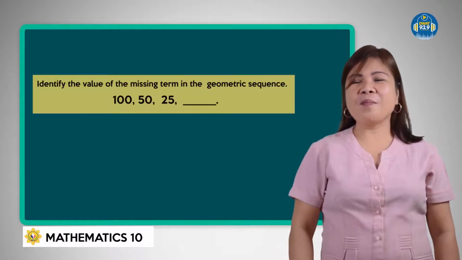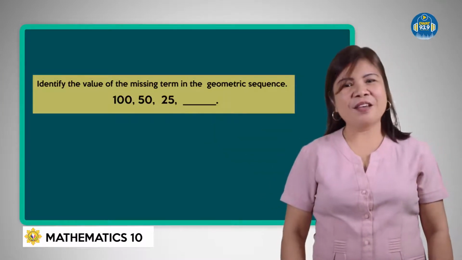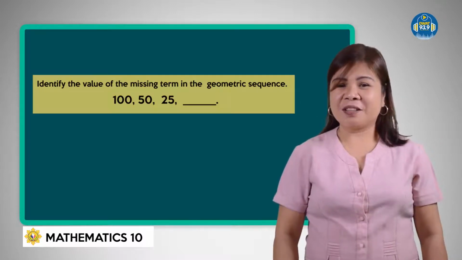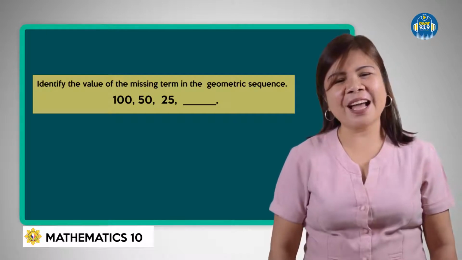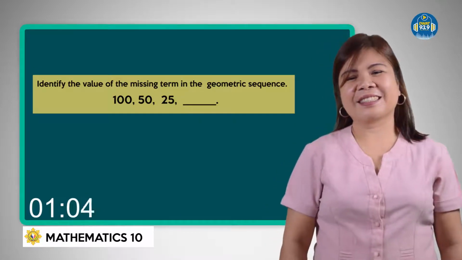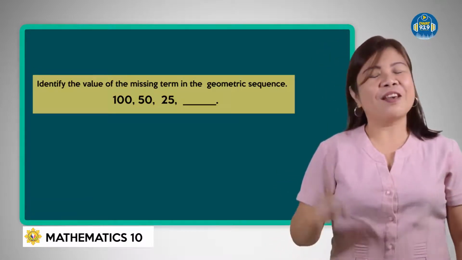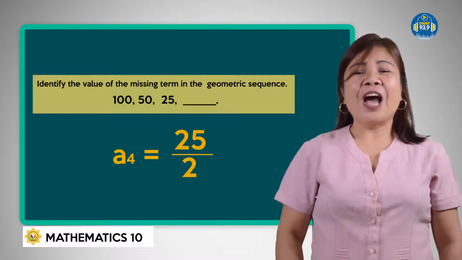Now, what about the geometric sequence 100, 50, 25, and blank? What's on the blank? If your answer is 25 over 2, then you are correct.